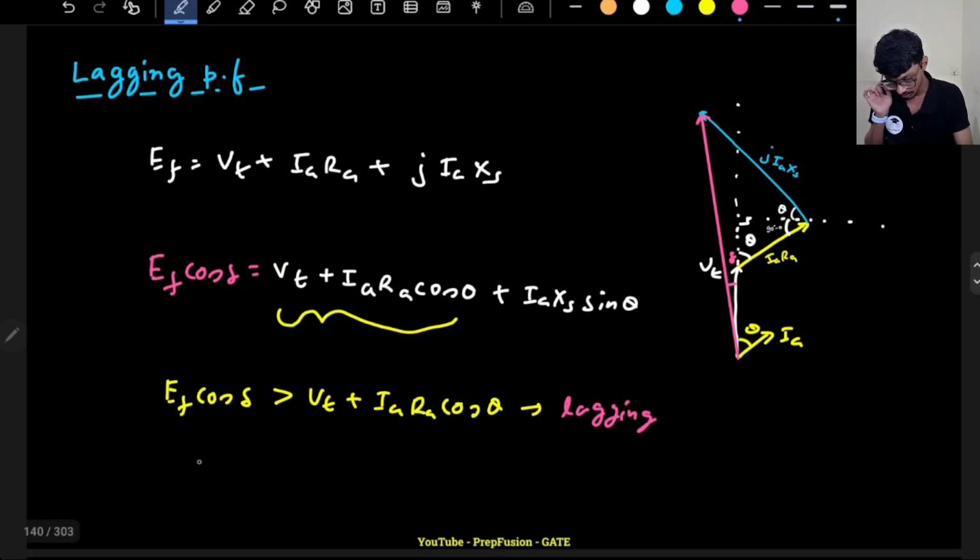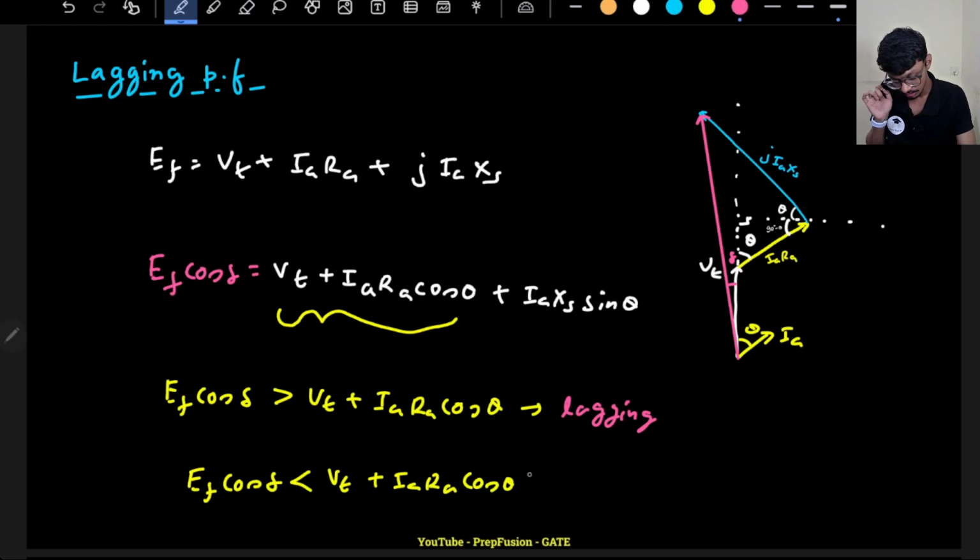If Ef cos delta is less than Vt plus IaRa cos theta, the power factor will be leading, because they will just give you the value of cos theta, right? You don't know whether it is a lagging or leading load. This is how you identify whether it is a lagging or leading load.